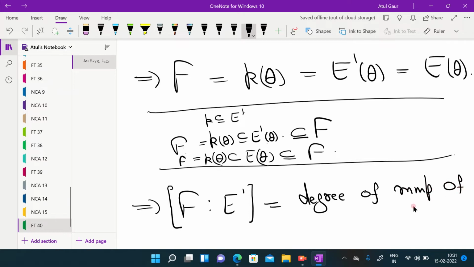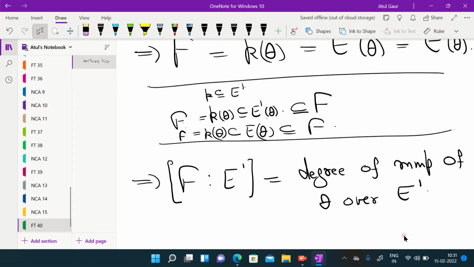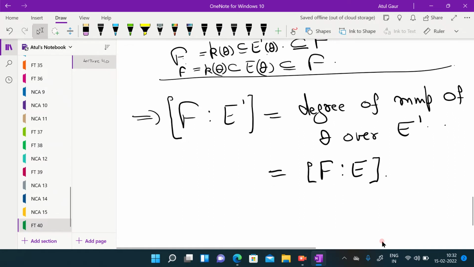And क्योंकि MMP तो GX ही है, that means this is same as the degree of F over E, क्योंकि GX E के ऊपर भी MMP है और E dash के ऊपर भी. Is this all right?